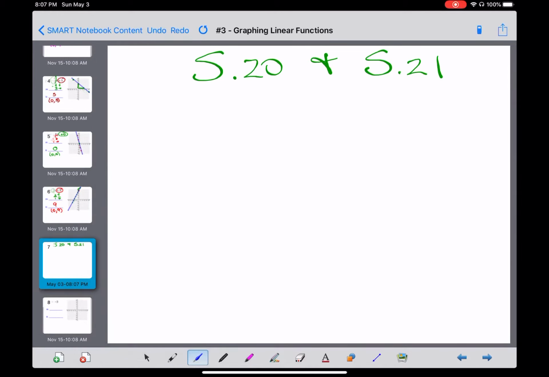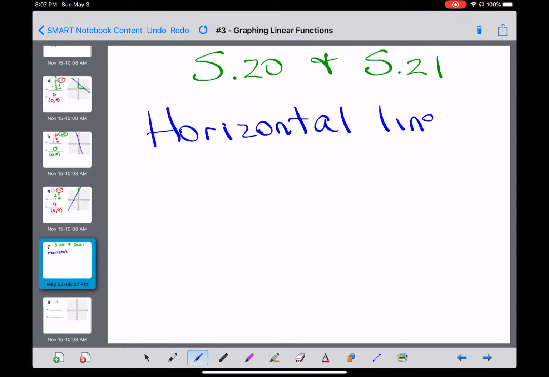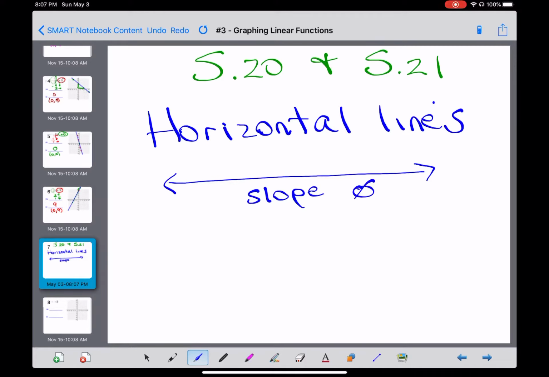Remember that horizontal lines are the ones that go left and right. The slope is 0. So they are always going to be your horizontal lines that go from left to right or right to left, however you want to do it.